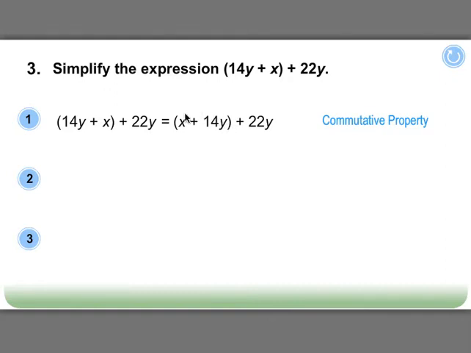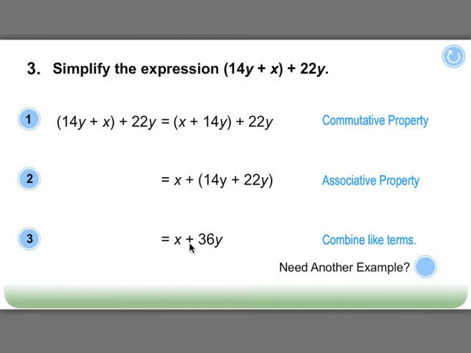So we just swap their spots, because in an addition statement it doesn't matter. Remember, we talked about that. Okay, so then because we have our associative property, we're going to put like terms together. We're going to put all the y's together so that it makes this easier for us to solve. Then we have x plus 36y.